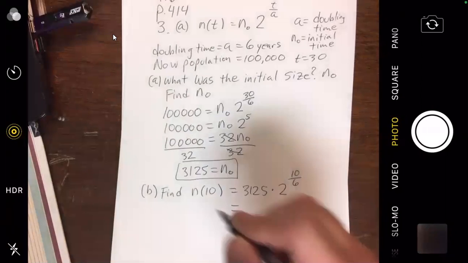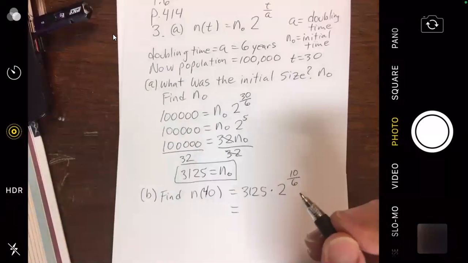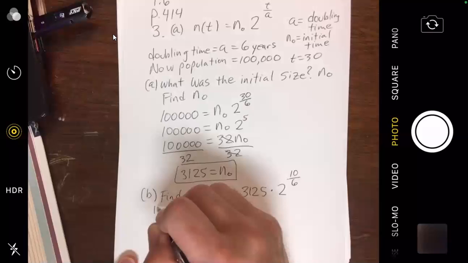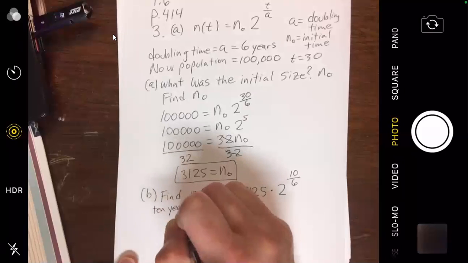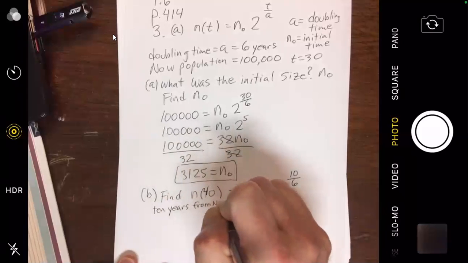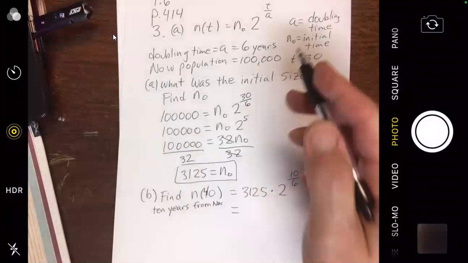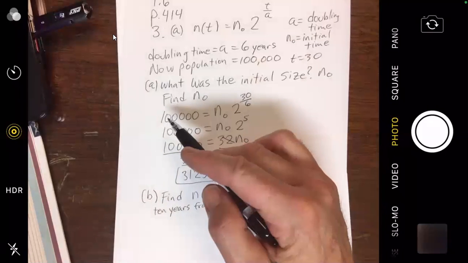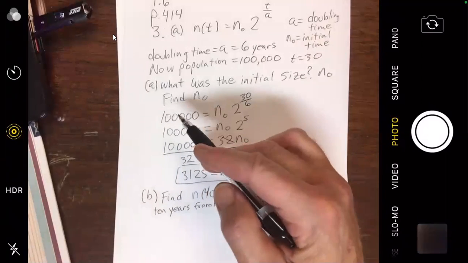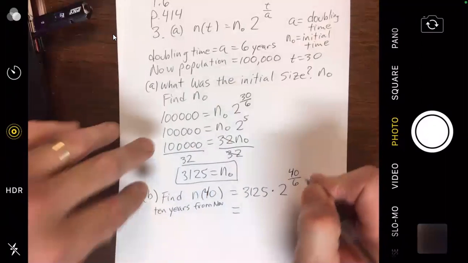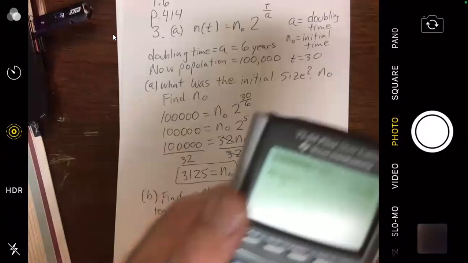Actually, that would be 40. Maybe I better double check this one. Now is 30 when they introduced it. So I'm thinking that should be 40. I'll run this and then we'll check it just to make sure.